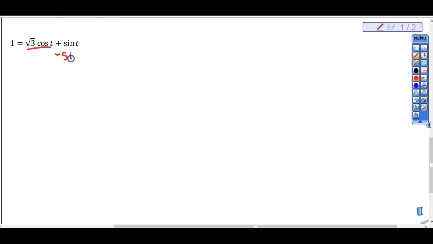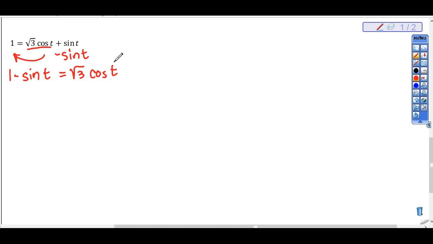So let's subtract sine of t to the other side of the equation. So we have 1 minus sine t equals the square root of 3 cosine t. Now, some of you might say, okay, well now let's divide by square root of 3. I don't think that that's a good idea because that'll create a fraction on the other side of the equation, correct?